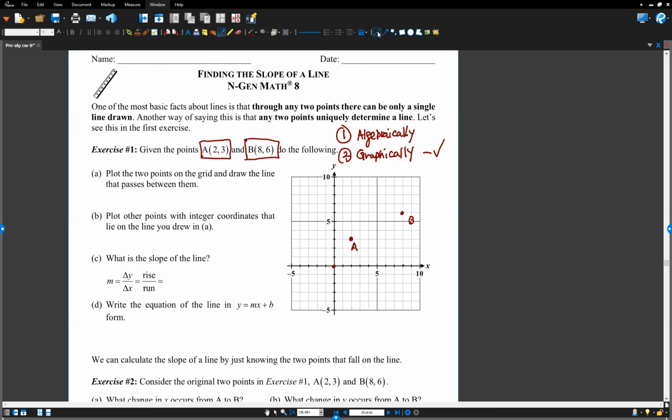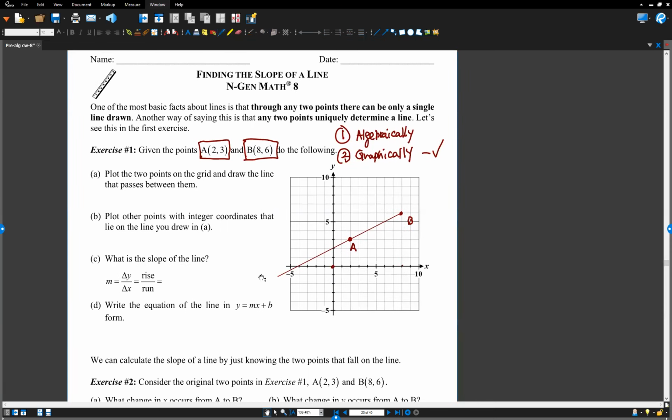The linear graph passes through these two points. Using this, we're going to find what?